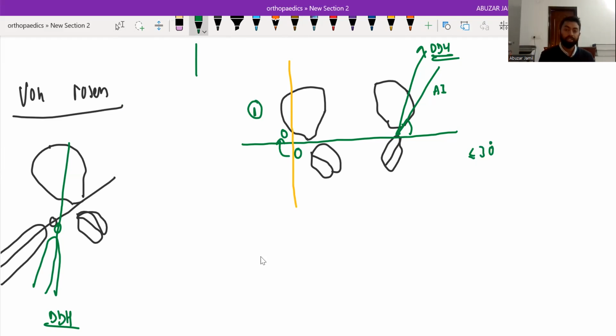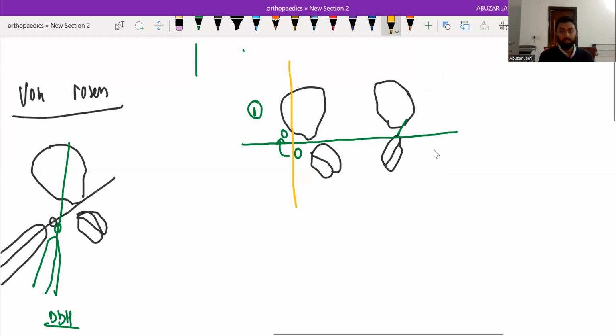And the third thing that we see in the radiograph is the center edge angle. So what is the center edge angle? It is the angle that is made by two lines: one line is perpendicular to the head of femur, and one line joins the center of the head of femur and the lateral margin of the acetabulum.